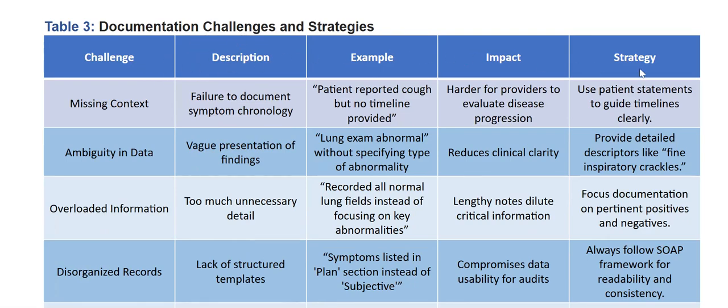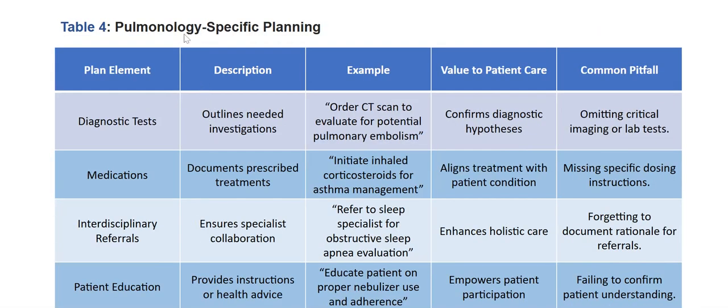Table on documentation challenges and strategies. Challenge, description, example, impact, strategy. We have missing context, ambiguity in data, overloaded information, disorganized records, diagnostic oversight. Here we have a table on pulmonology specific planning: plan element, description, example, value to patient care, common pitfalls.